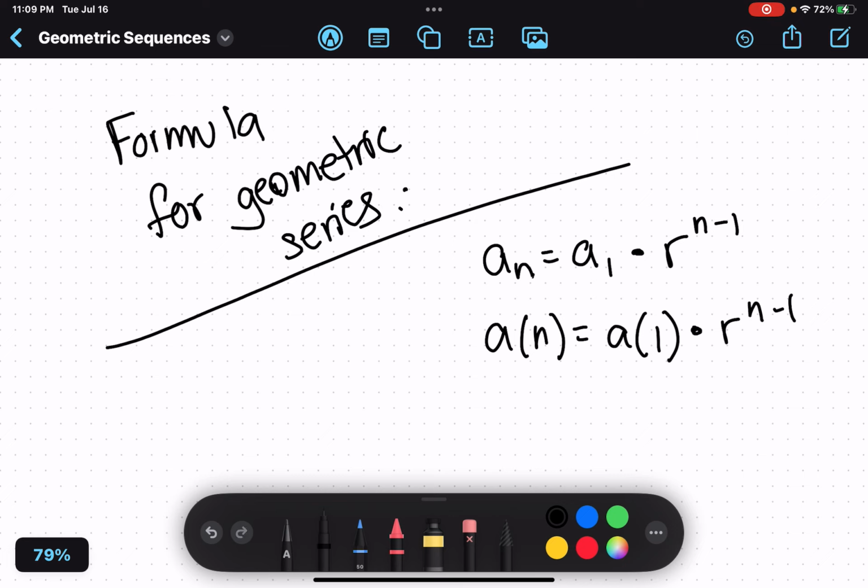Okay, so what this means is to find, let's plug in a number, the 100th term, you take your first term and you multiply it by that common rate. In arithmetic sequence, we had the common difference, but usually in geometric series, you're going to see it as the common rate.